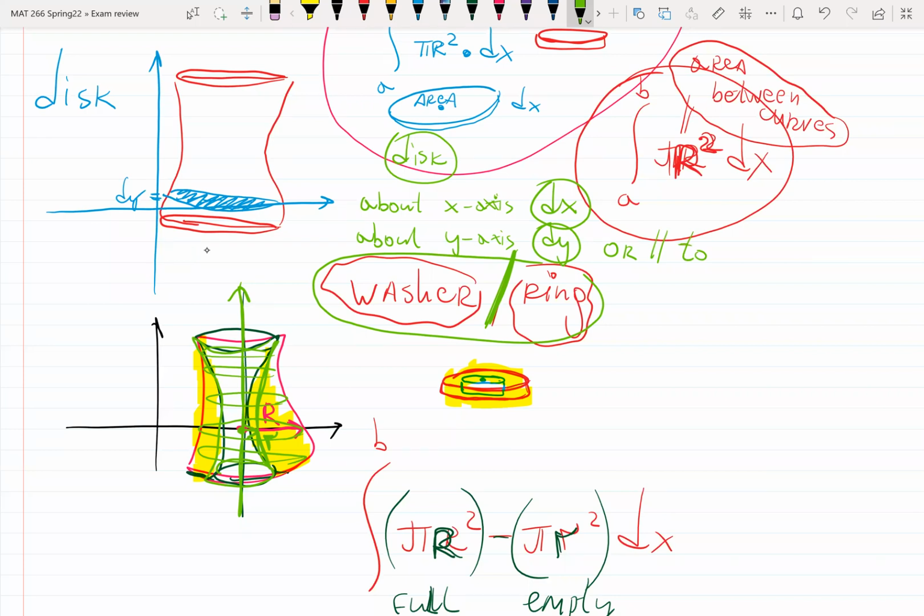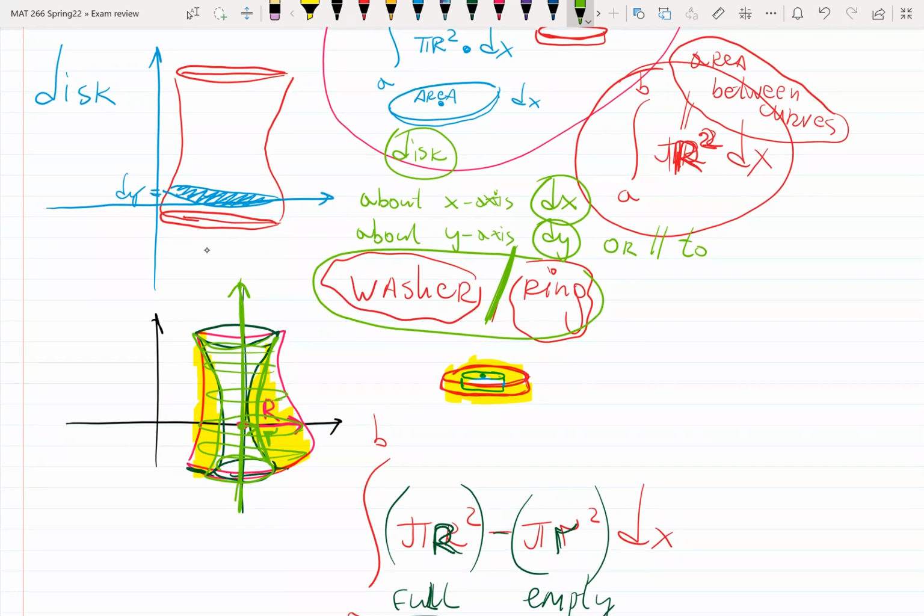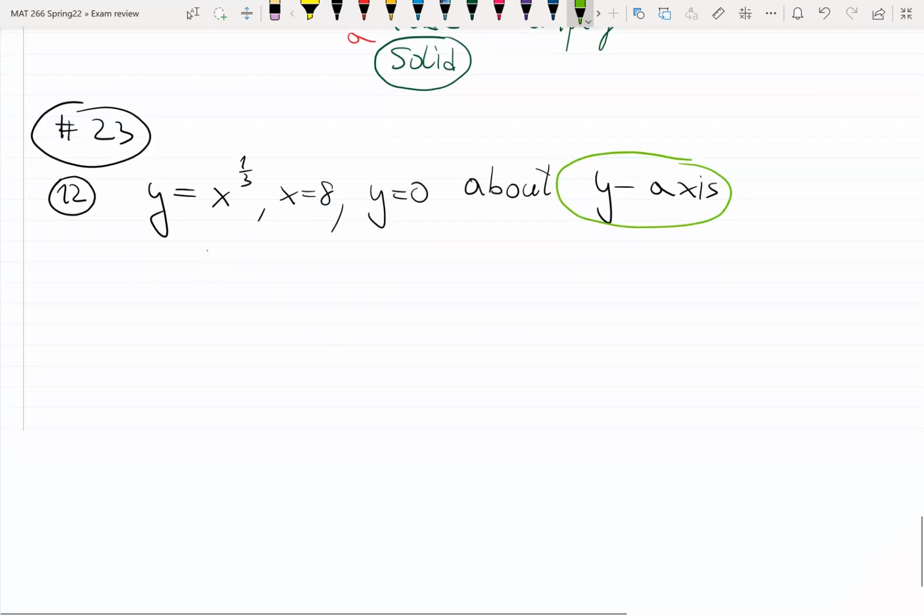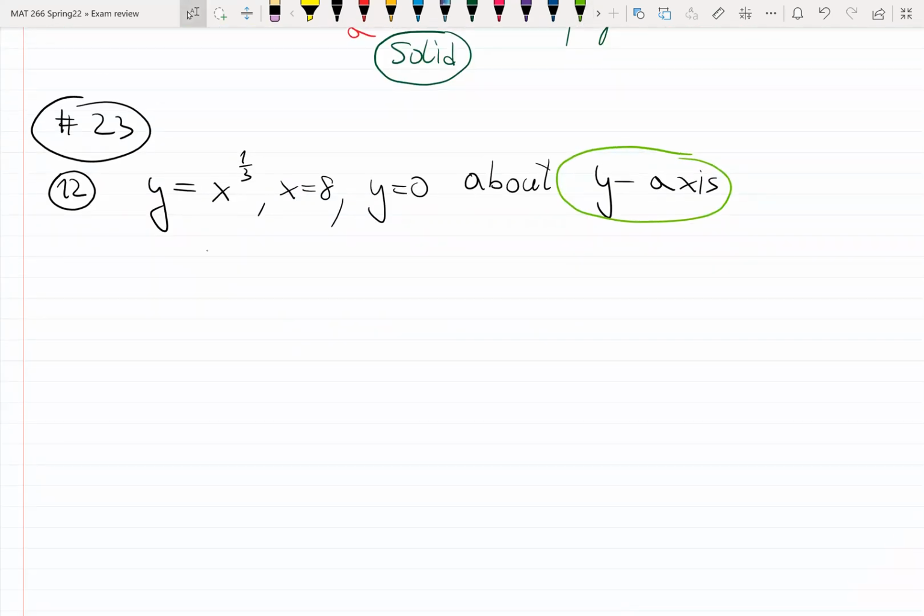Same thing for rotation about something parallel to the y-axis, that's why we know it's going to be dy. Here it says y-axis, so we already know it's going to be case 2. So all functions have to be written as x equals f of y, and that's going to be an extra step 2. But other steps are classical.